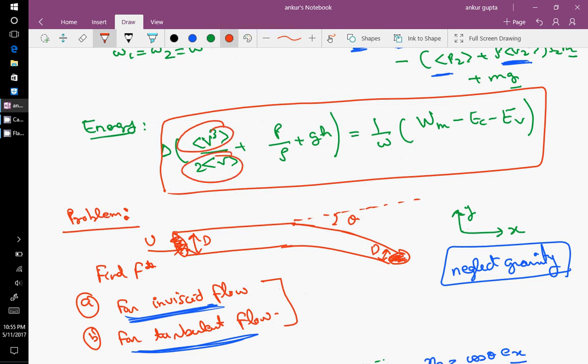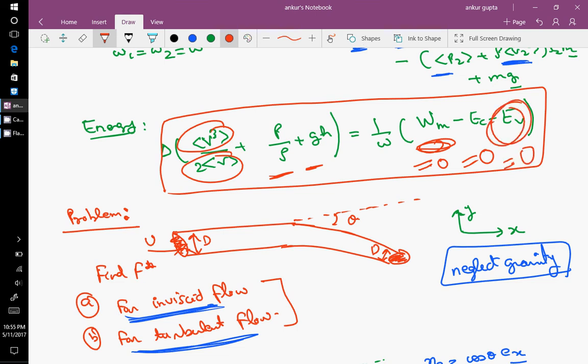And for inviscid flows, in this pipe system we are not doing any work. There is no pump. We're not rotating any turbine, so we're not losing or putting in any energy. Rho is constant, so we don't have any losses because of compression. And in inviscid flow there is no viscosity, so the viscous losses are also equal to 0.